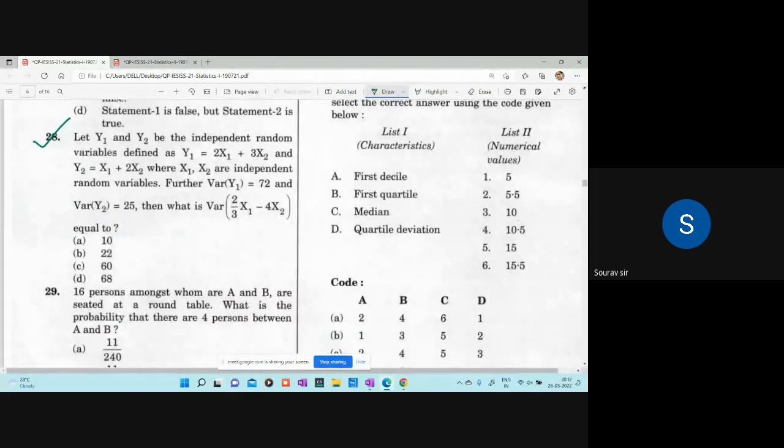Let Y1 and Y2 be independent random variables defined as Y1 equals 2X1 plus 3X2 and Y2 equals X1 plus 2X2. Let me write this.